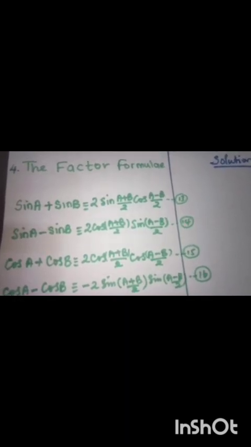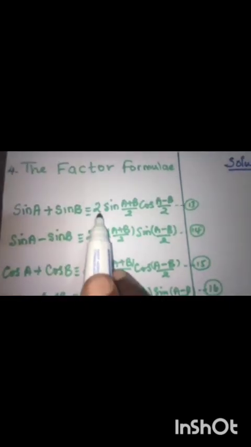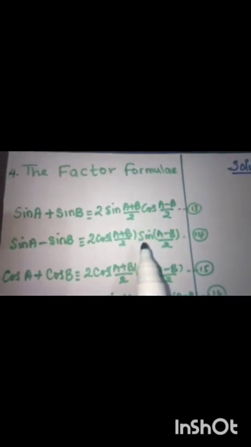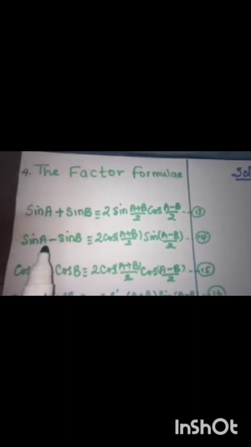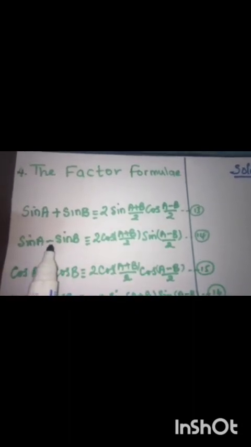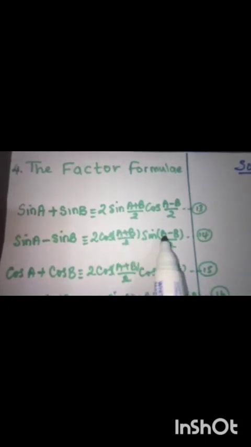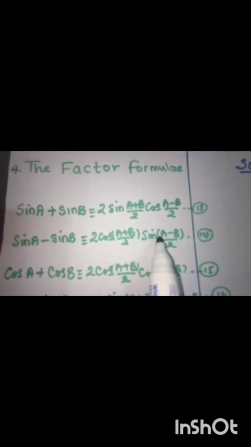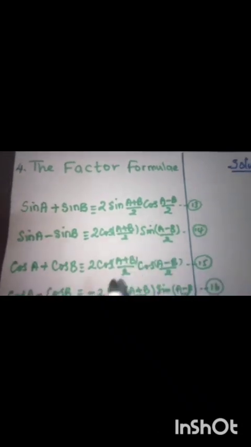So what does the factor formula give us? Sine A plus sine B is 2 sine half of A plus B, cos half of A minus B. And sine A minus sine B is 2 cos half of A plus B, sine half of A minus B. That's 2 cos half the sum, sine half the difference.